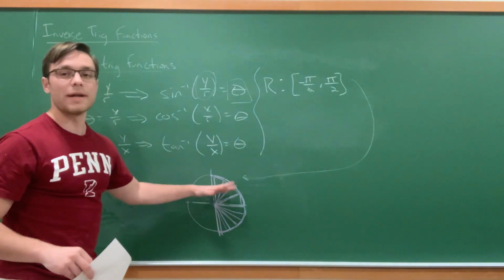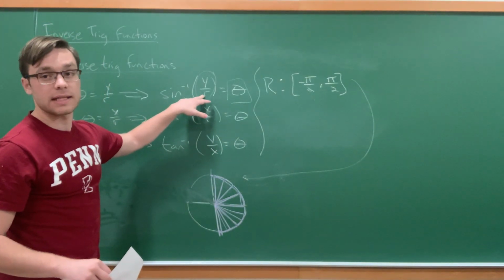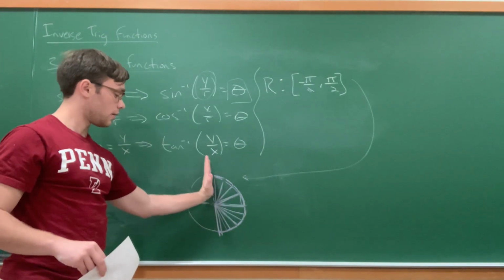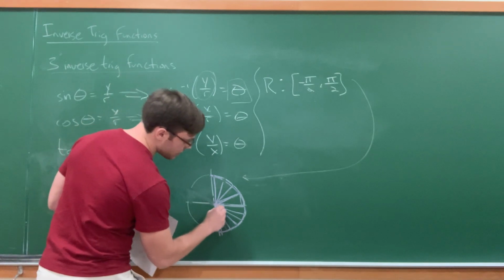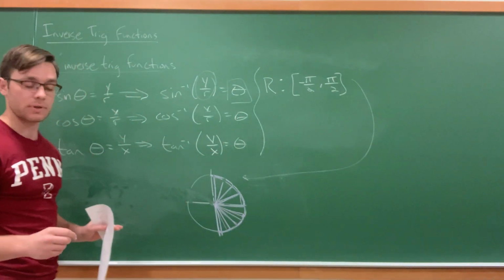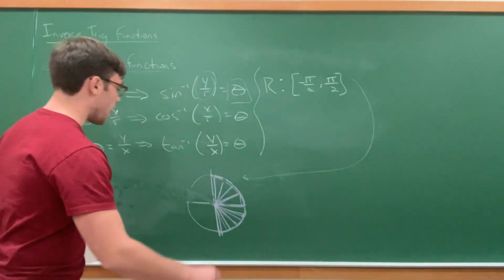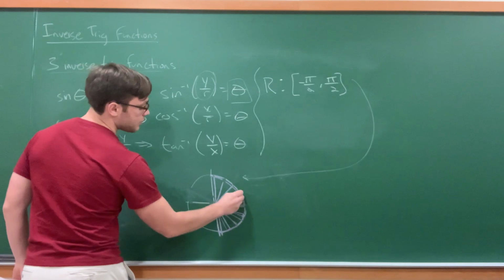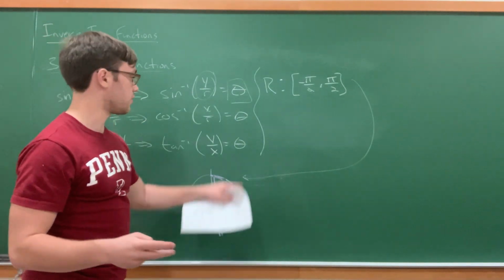And there's only one output associated with each value. In this range, there's only one place where the sine value is -1/2. It's right there. That is why the range gets restricted. Otherwise, if we want the sine inverse of 1/2, that happens here and here, and then you have 2 outputs, 2 theta values.